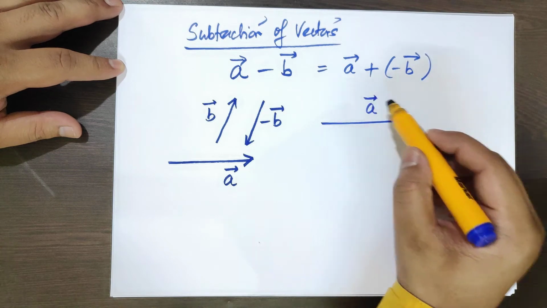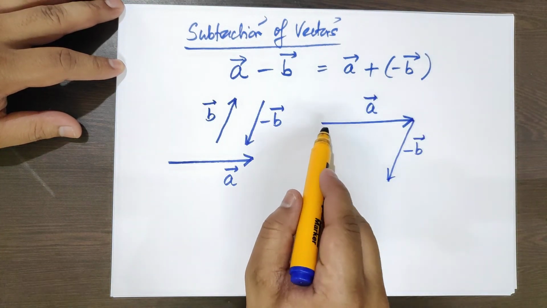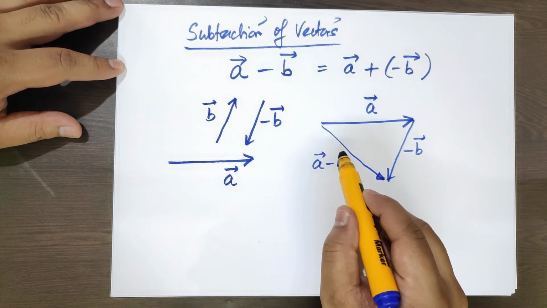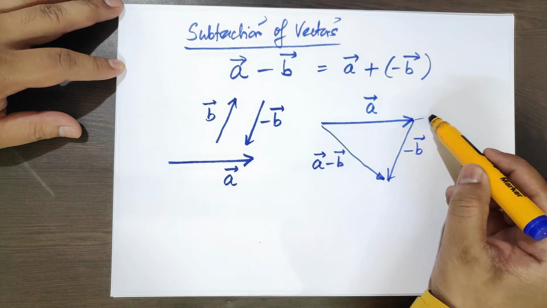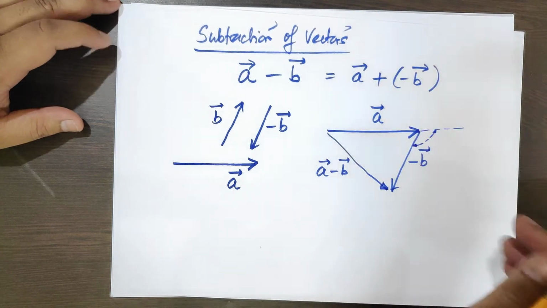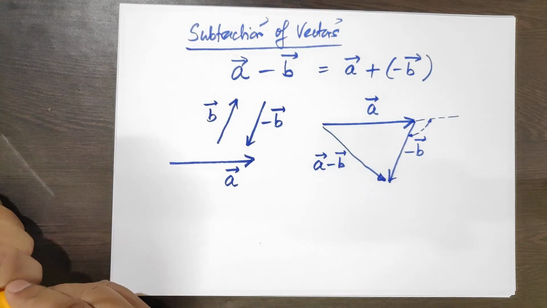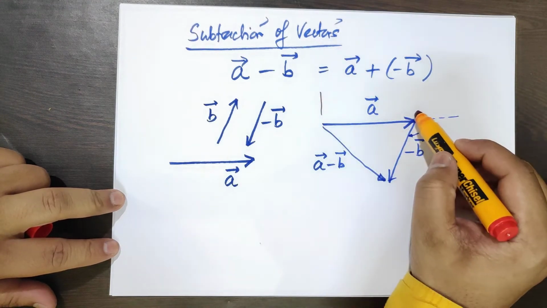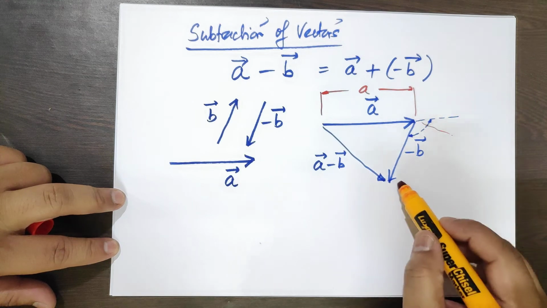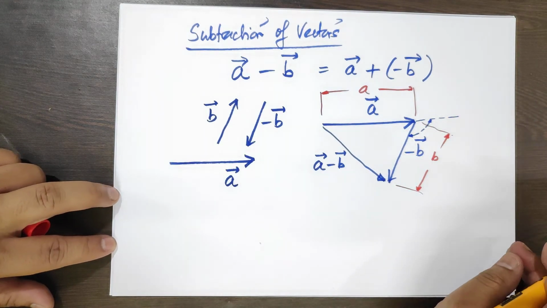So that's A and that's minus B, and this is the vector A minus B. And if you know the angle between A and minus B vector, you can determine it. By the way, minus B vector has length how much? Its length is B. Suppose vector A has length A, vector B has length B, vector minus B also has length B.